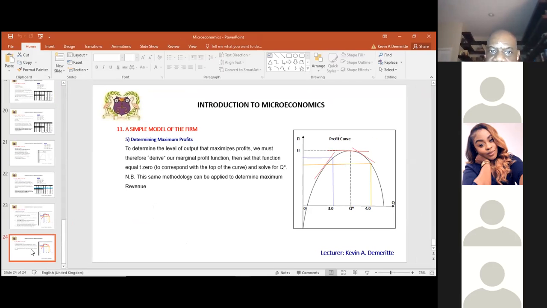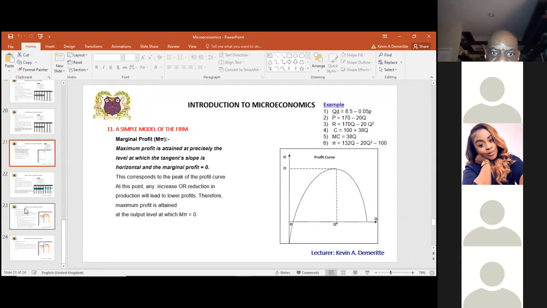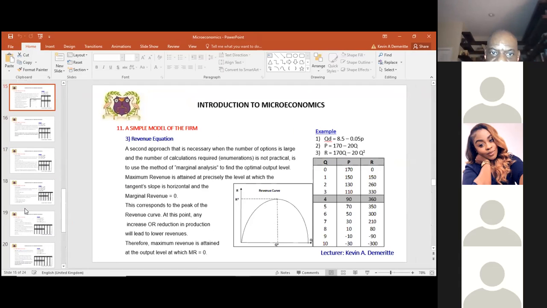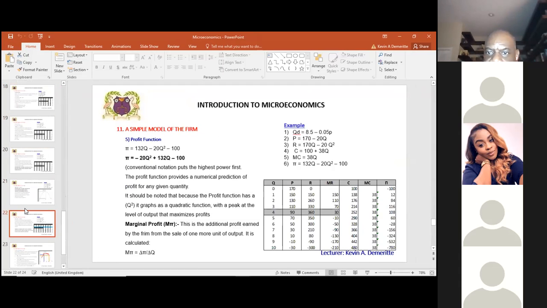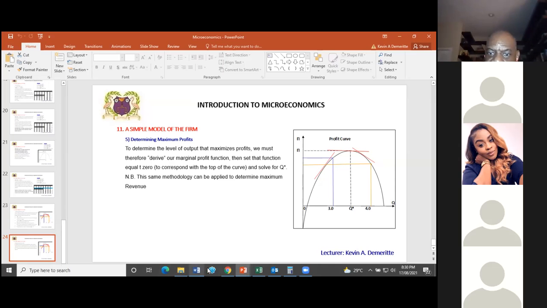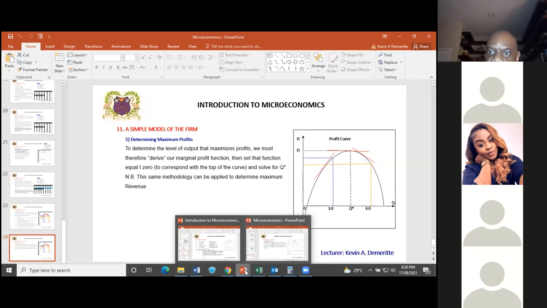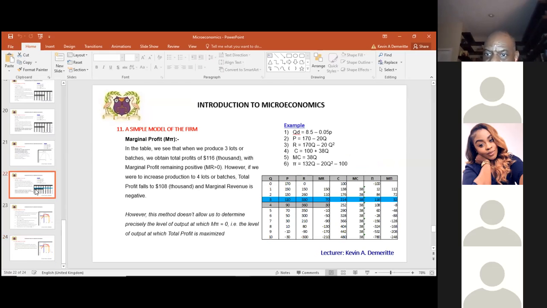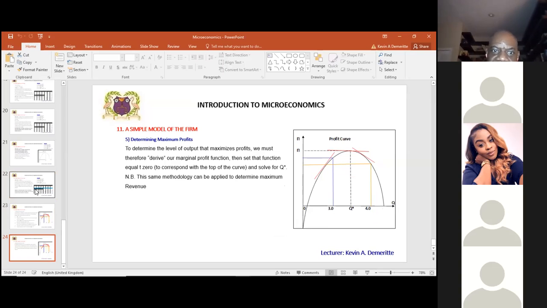Okay, I see. Determining maximum profit. Okay. It ended there. I don't even know what page that is. If that's 30% of our final exam, what's the other 70%? I don't know yet.